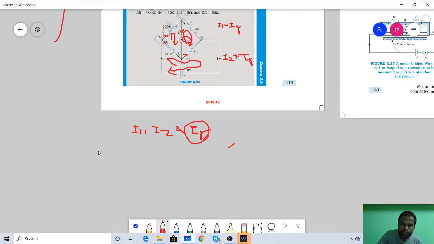For the loop ABDA, the first one is the voltage drop across the 100 ohm resistor, the current is I1, so I'll write minus 100 I1.